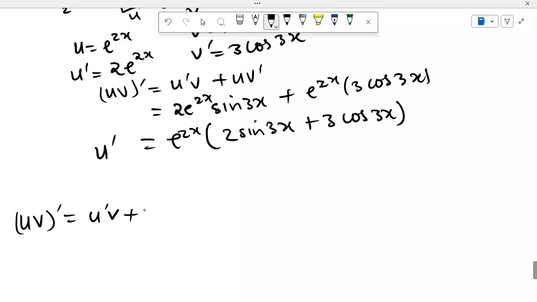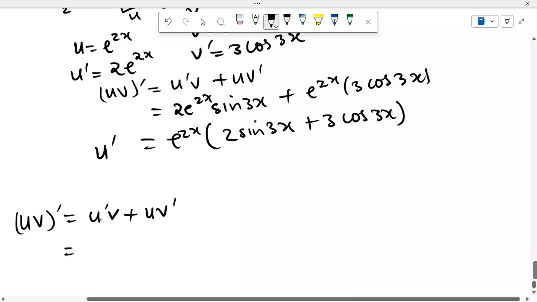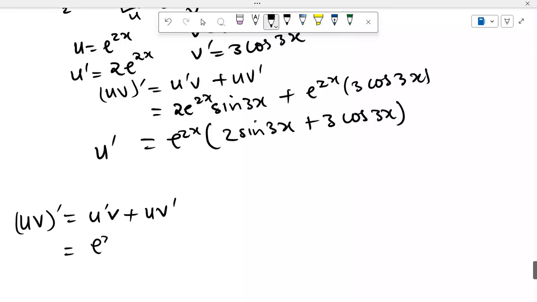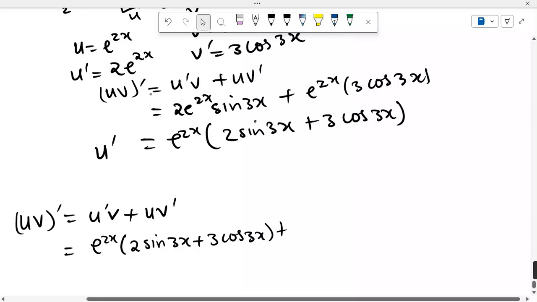It's pretty easy. So it's just performing multiple differentiations. Okay, so what is our u prime? Our u prime is this equation, exponential 2x, 2 sine 3x plus 3 cos 3x. Oh sorry, this is just our u prime.